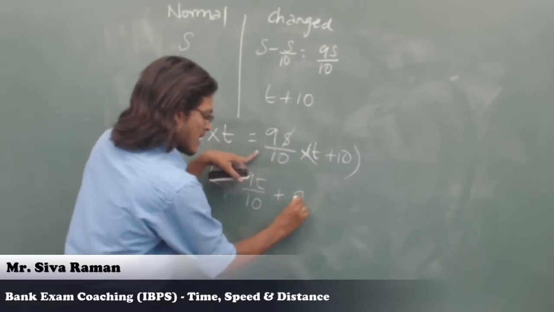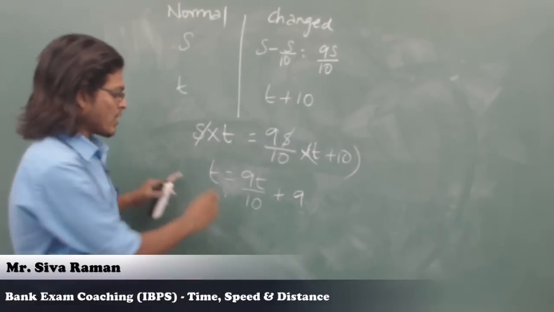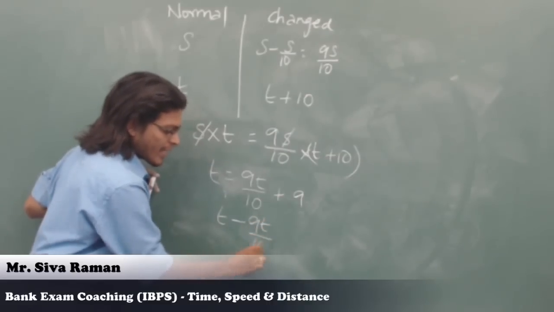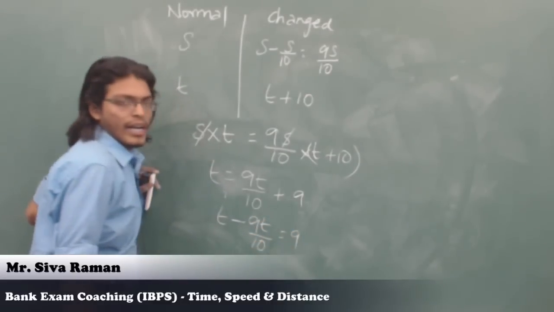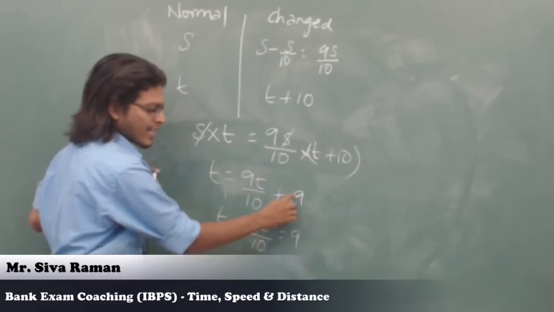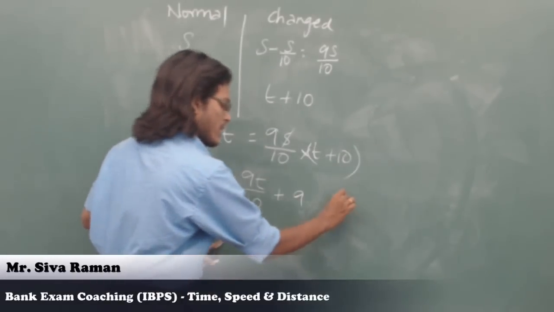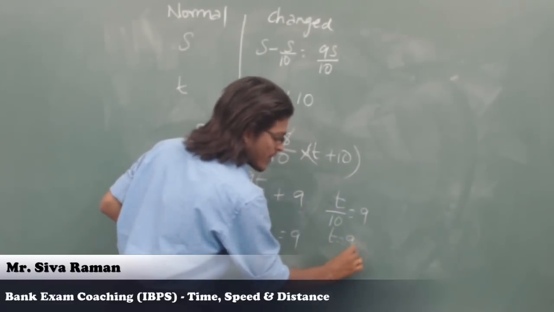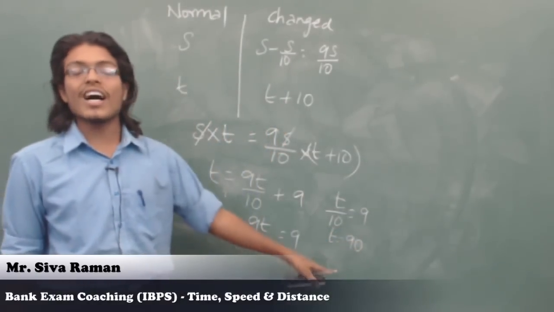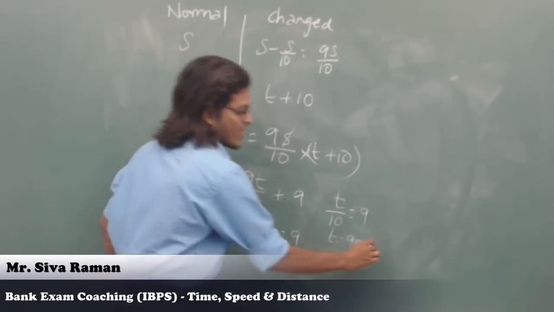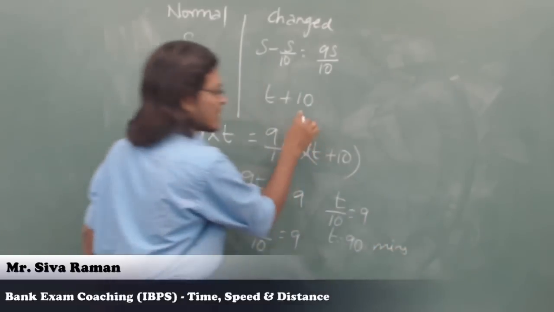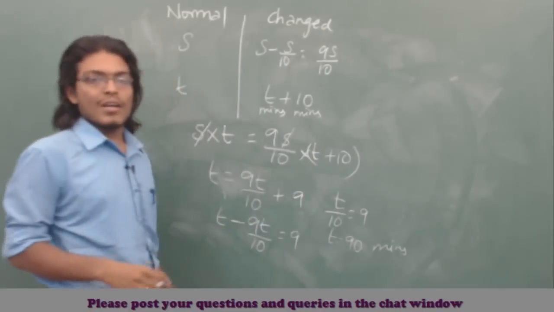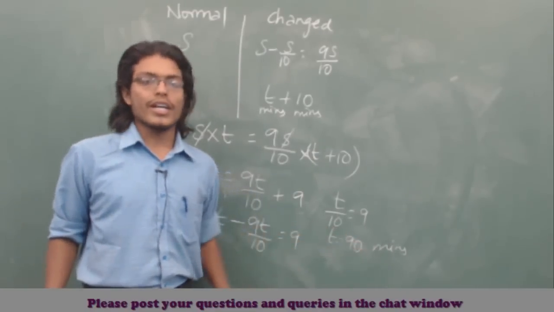So T minus 9T by 10 is equal to 9. So T by 10 is equal to 9. T is equal to 90. What is the unit? Is it hour or minutes? It is minutes. Since we took the 10 as minutes, this should also be minutes. So it is 90 minutes.